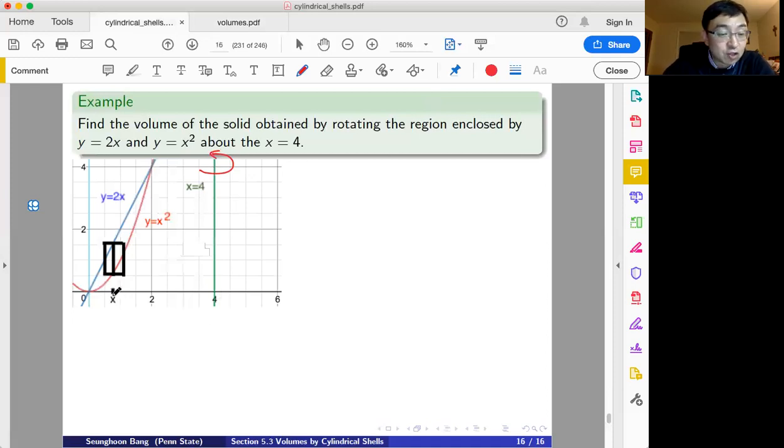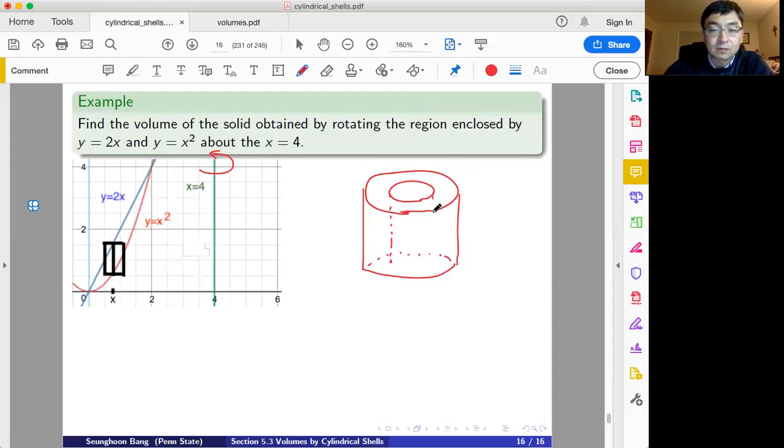The same. You can choose x, cut, and make a rectangle. You have to rotate this rectangle about x equals 4. So what happens? We have a cylindrical shell. This is the center, and this is the rotating axis.